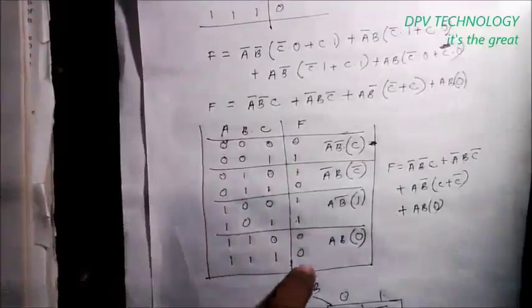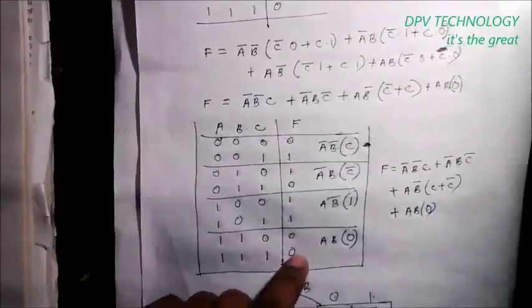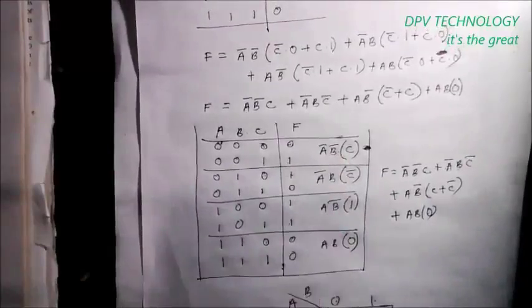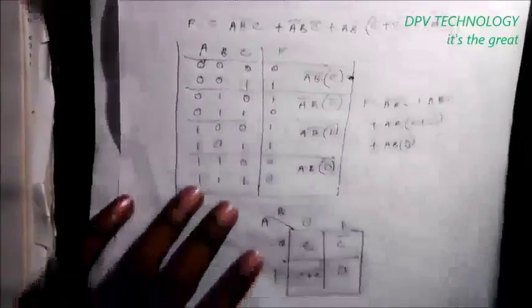Here we do not have don't care, but sometimes we may have don't care here. Then how to get this? I'm going to show you this first, then I will go to the next step of grouping.